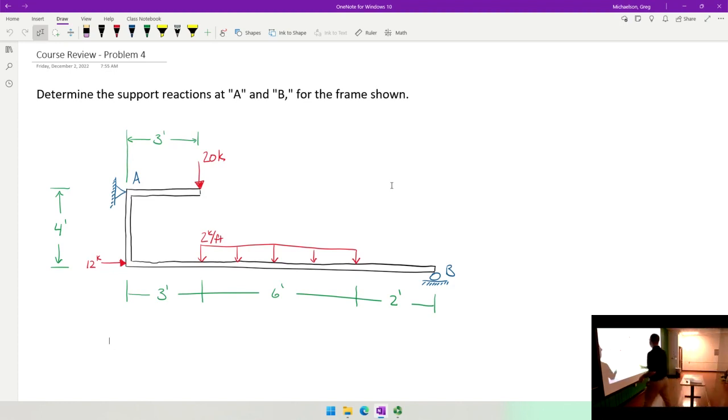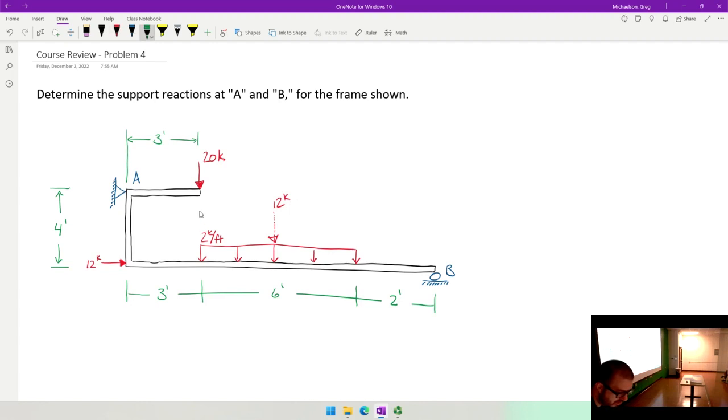So I have a frame that's subjected to a series of loads. I've got a 12 kip load here, a 20 kip load here, and a distributed load. Before we do anything, let's talk about that distributed load. I need to take that distributed load and collapse it into a point load. How much is the point load going to be? If it's 2 kips per foot over a distance of 6 feet, what is that? 12 kips.